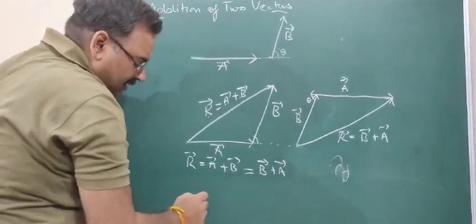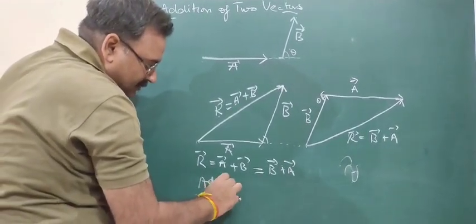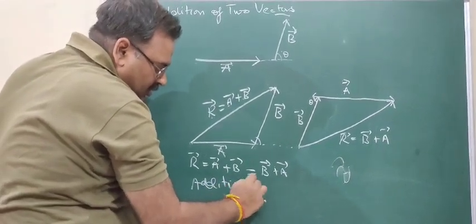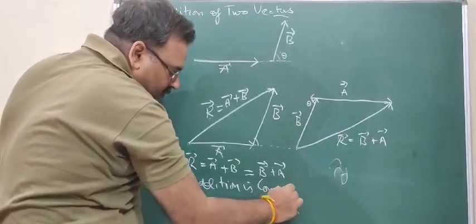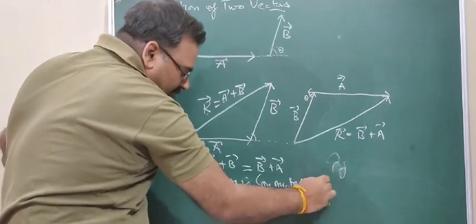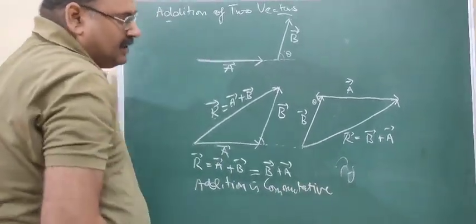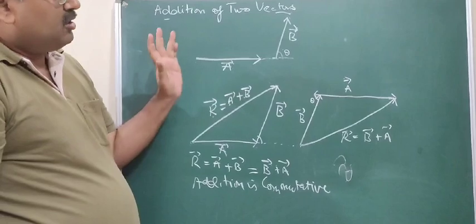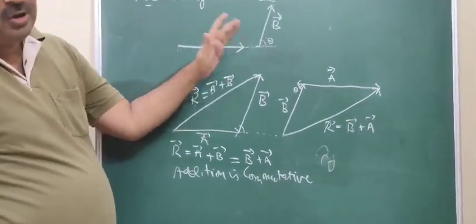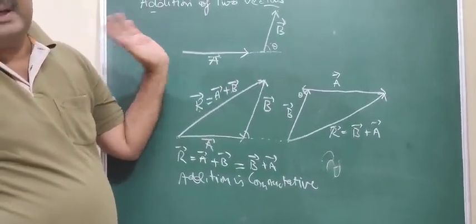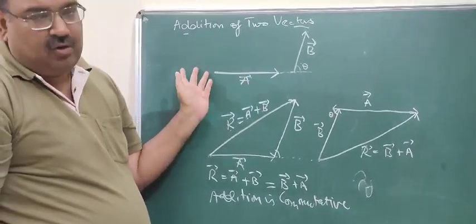This tells you that addition is commutative. That is a plus b equal to b plus a. Okay, so it's not necessary that we start from the horizontal one. We can start from any vector. We can start from vector a or we can start from vector b.